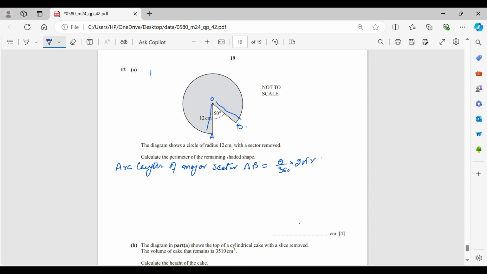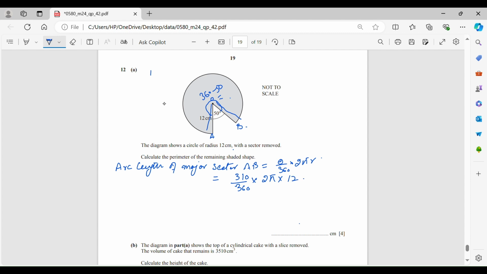Now first we need theta. Here this angle will be 360 minus 50, which is equal to 310. So the arc length will be equal to 310 over 360 into 2 pi into radius, which is 12 centimeter, given.